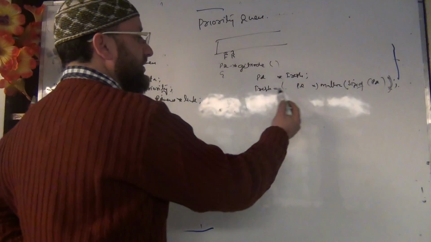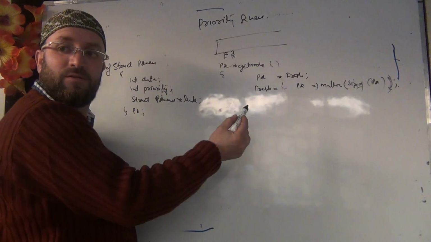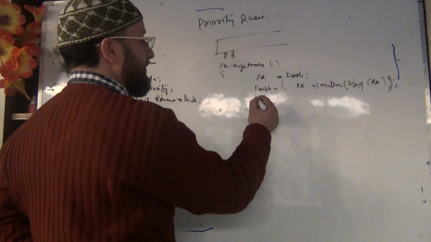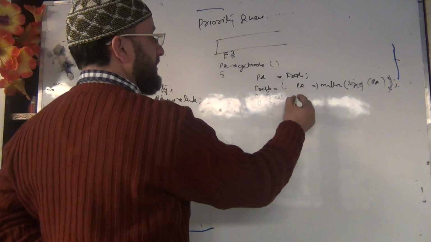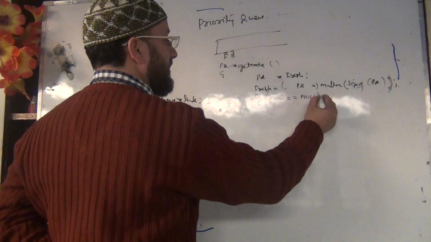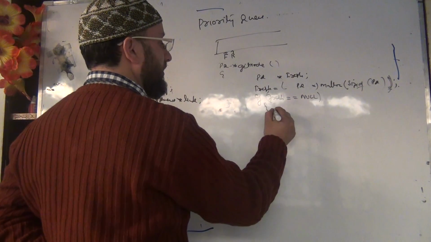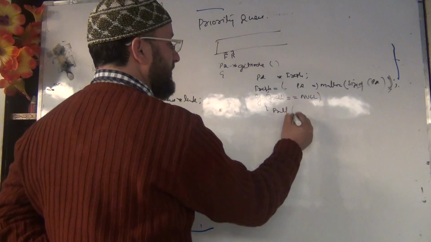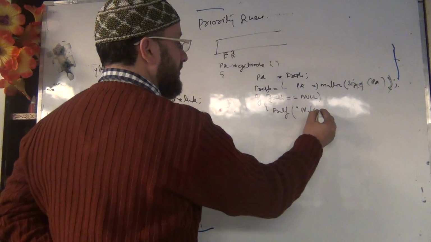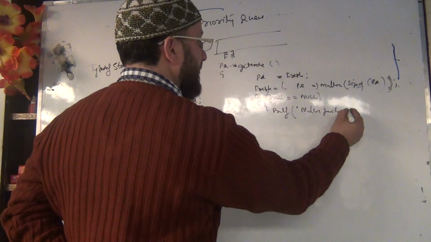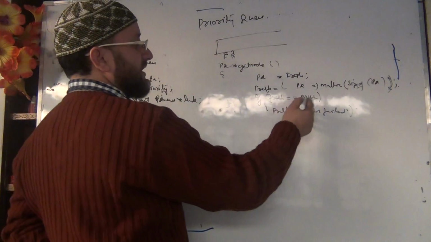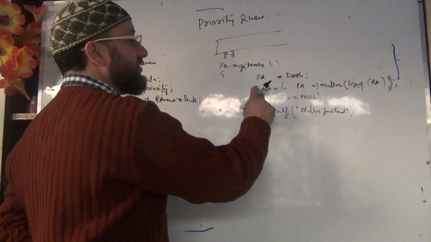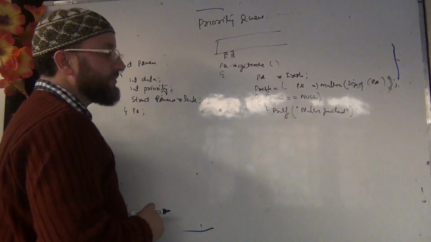Now by this I will get the memory. And if the memory fails, if fresh equals null, what will I say? You're going to printf here: malloc failed. Because if the memory is not allocated, fresh doesn't have anything, that means it has null; otherwise it will have the address of the node created.